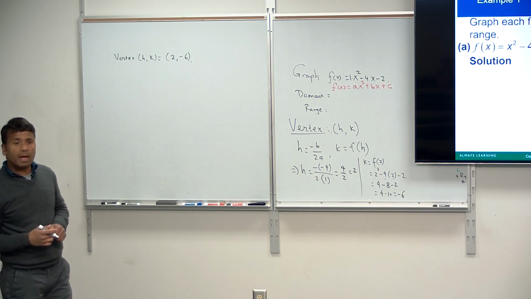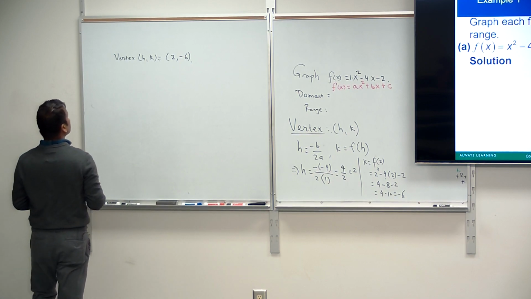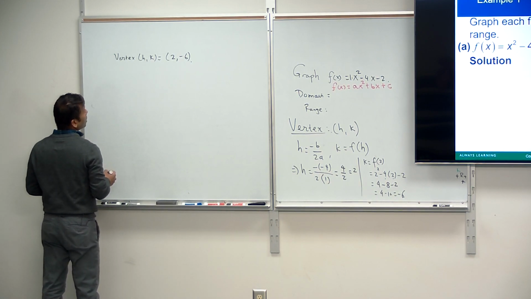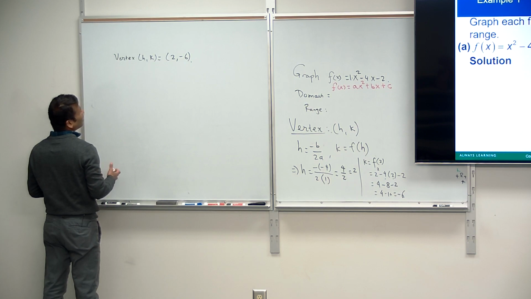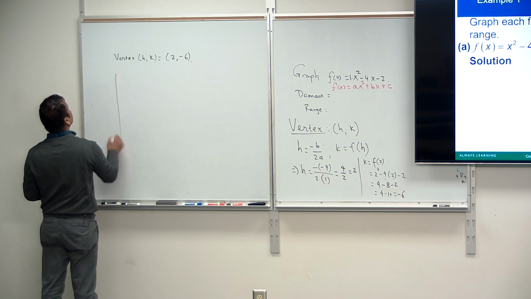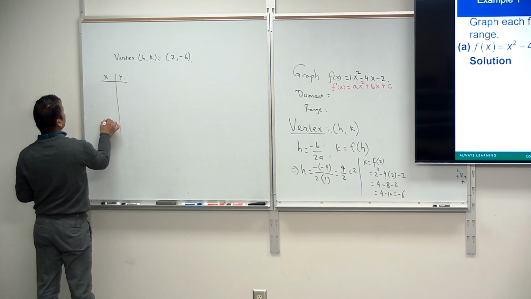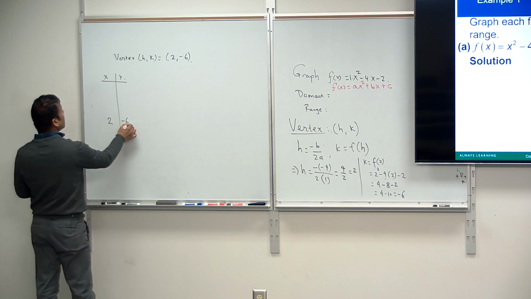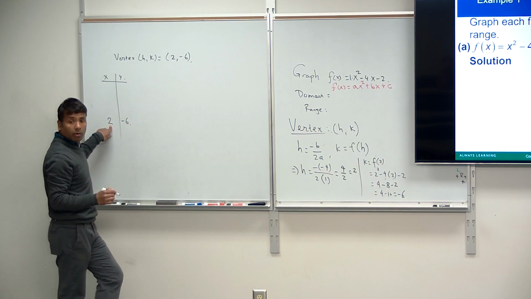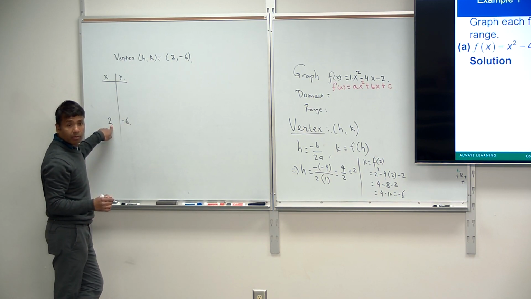Okay, and then you find 2 points to the left of 2, and another 2 points to the right of positive 2. What I'm trying to say is you have x value and y value. You know the vertex is 2 comma negative 6.